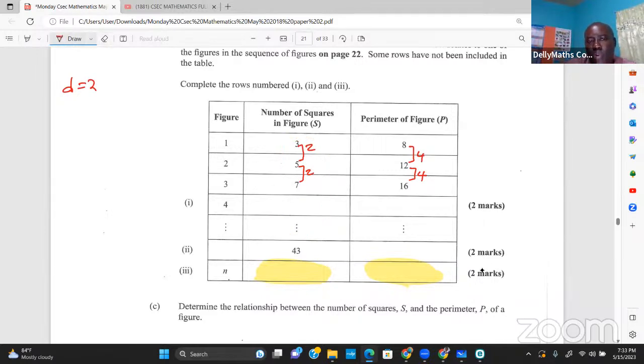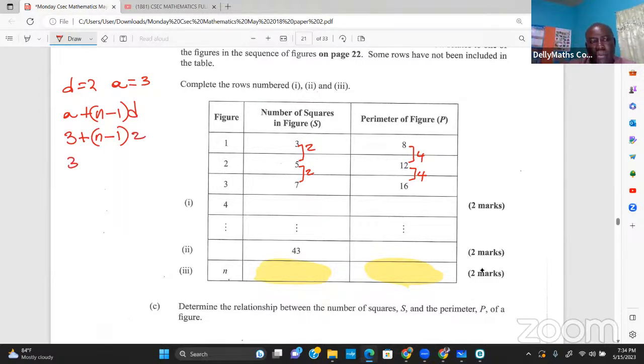So the difference is 2. The first term is 3. The first term, we call it A. It's 3. So here is the formula. It's A plus (N minus 1) D. A is 3, and D is 2.